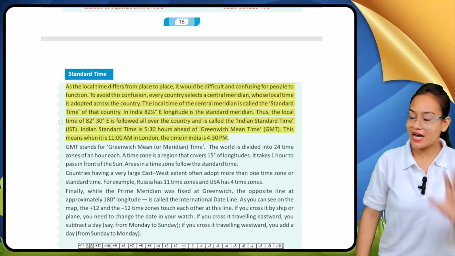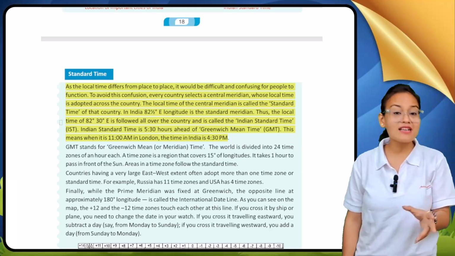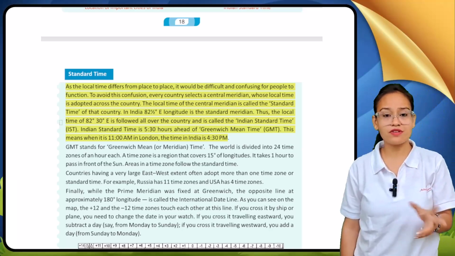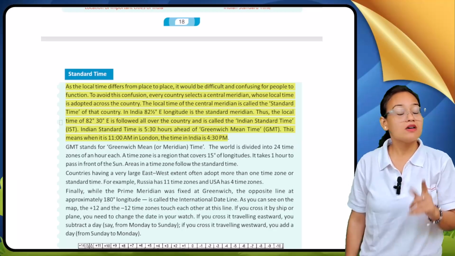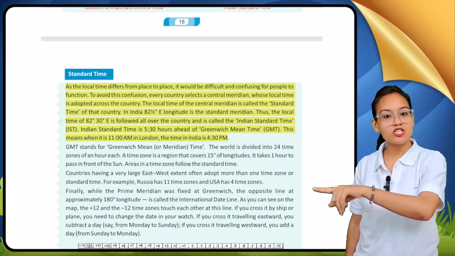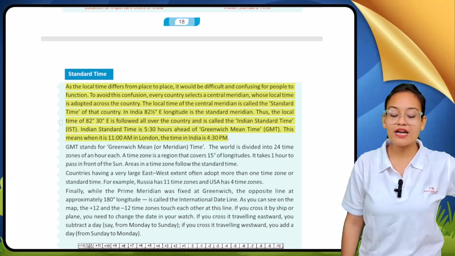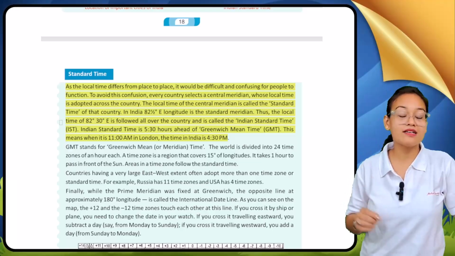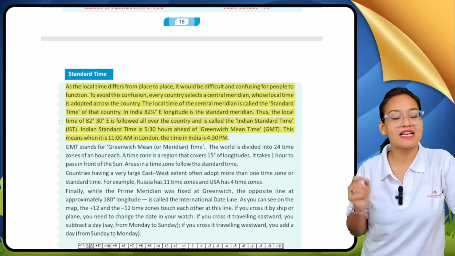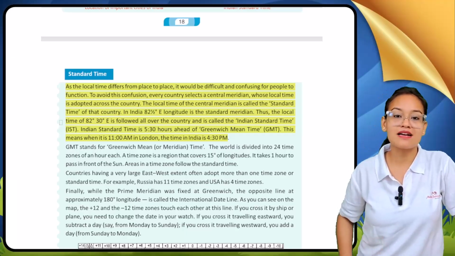As I already told you, there is a gap of 2 hours between the times, because the sun rises early in Arunachal Pradesh and after 2 hours the sun rises in the west. So 82 and a half degree east is accepted as the Indian Standard Time.